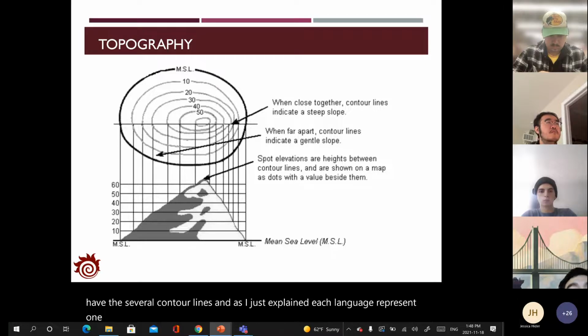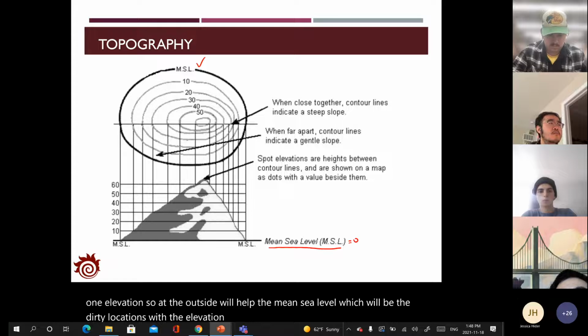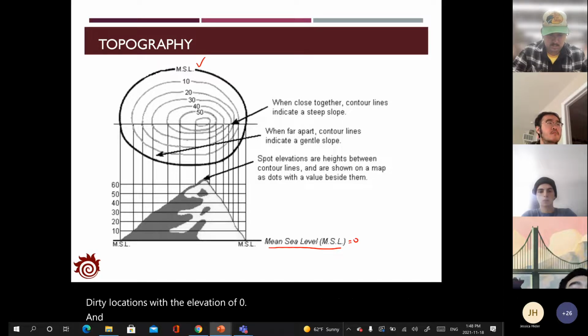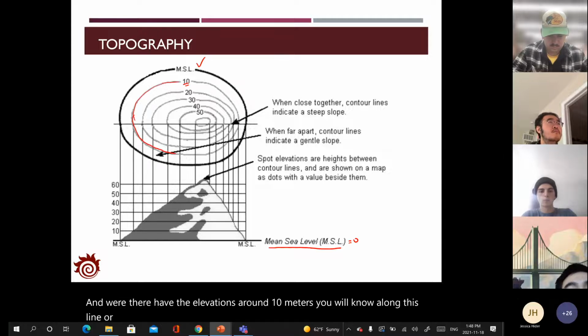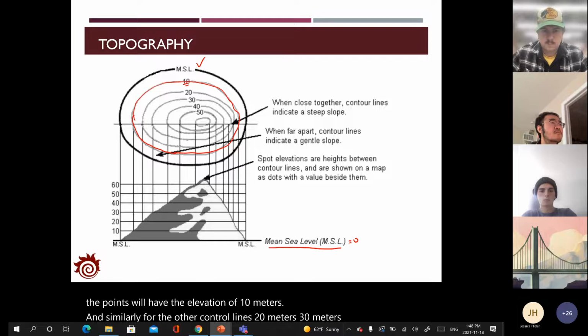At the outside, you will have the mean sea level, which is the locations with an elevation of 0. Then you will have the elevation around 10 meters. Along this line, all the points have an elevation of 10 meters. Similarly for the other contour lines: 20 meters, 30 meters, 40 meters, 50 meters.